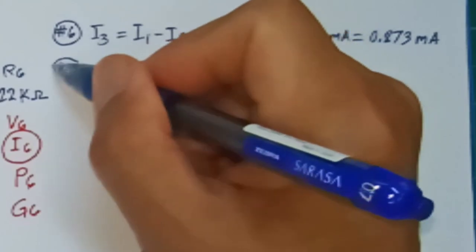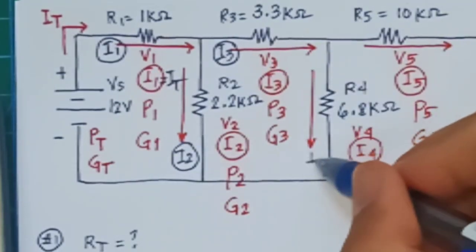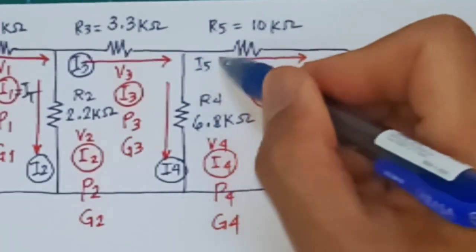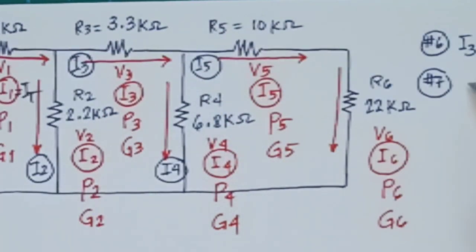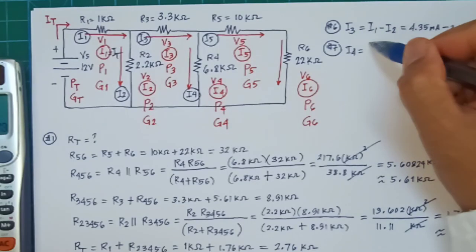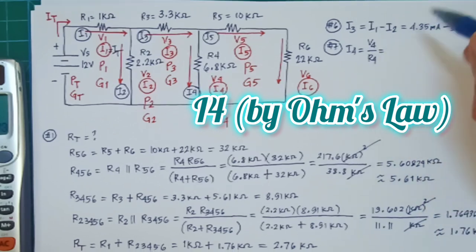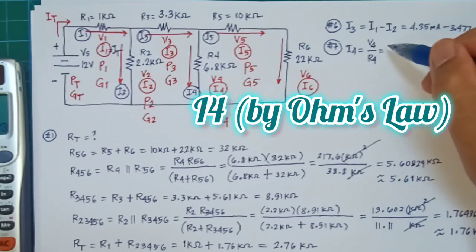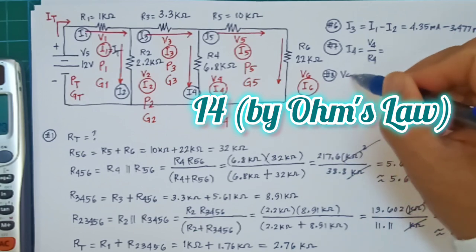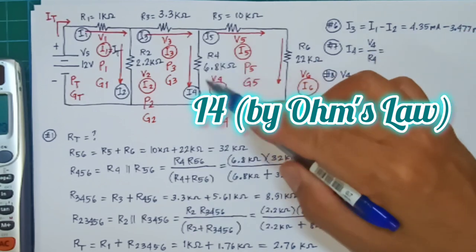Now for step number 7, we will be calculating the value of I4. I5 is going out from that point, and we will have I4. We can use the other formula, which is Ohm's law, so we need to find V4 over R4. But we have a problem because we still don't know what V4 is.